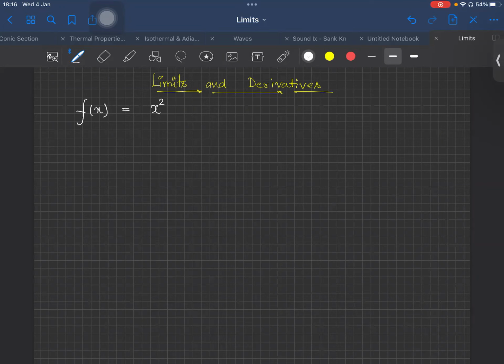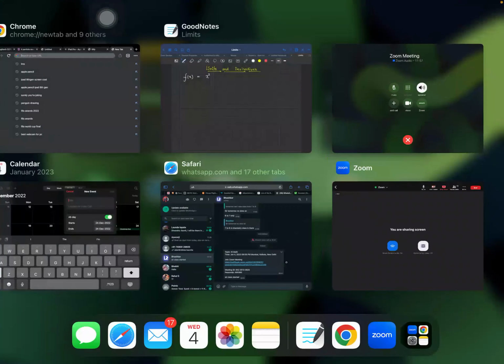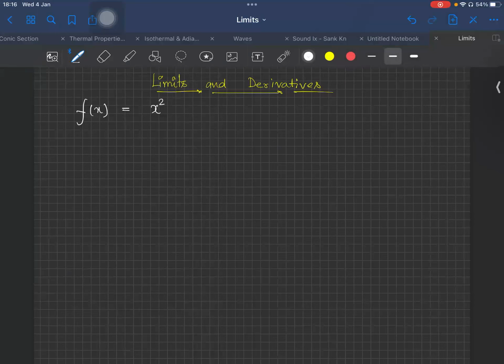That means it's a polynomial function of order 2. Getting it? Are you guys there? Yes, sir. Just keep responding. So this is a polynomial function.